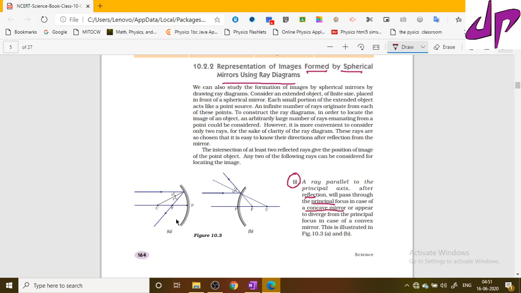So this is the concave mirror, this is the principal axis, and a light ray parallel to the principal axis, after reflection, passes through the focus. This is the first rule we use to draw the ray diagram.